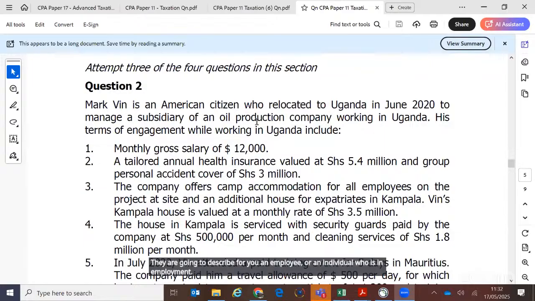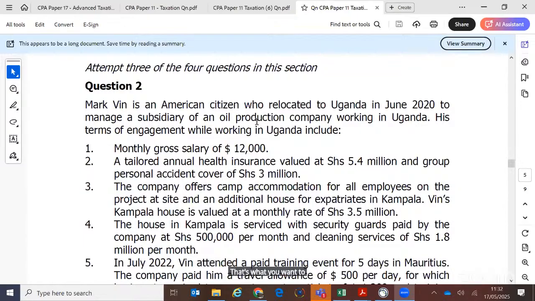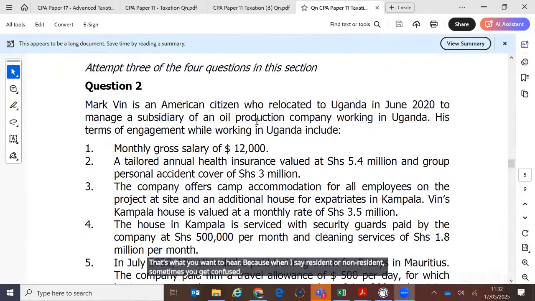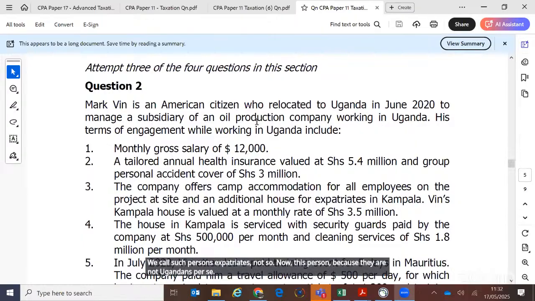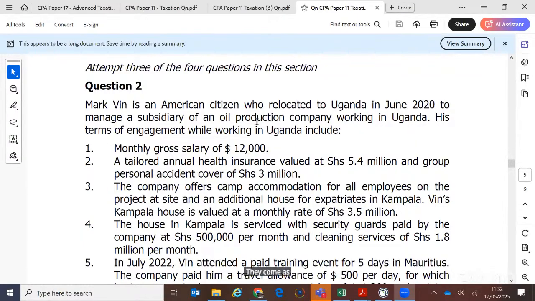This person is either going to be a Ugandan, that's what you want to hear. Because when I say resident or non-resident, sometimes you get confused. If this person is not a Ugandan, then they have actually picked this person outside Uganda. We call such persons expatriates, not so. Now, these persons, because they are not Ugandans per se, they come as non-residents.